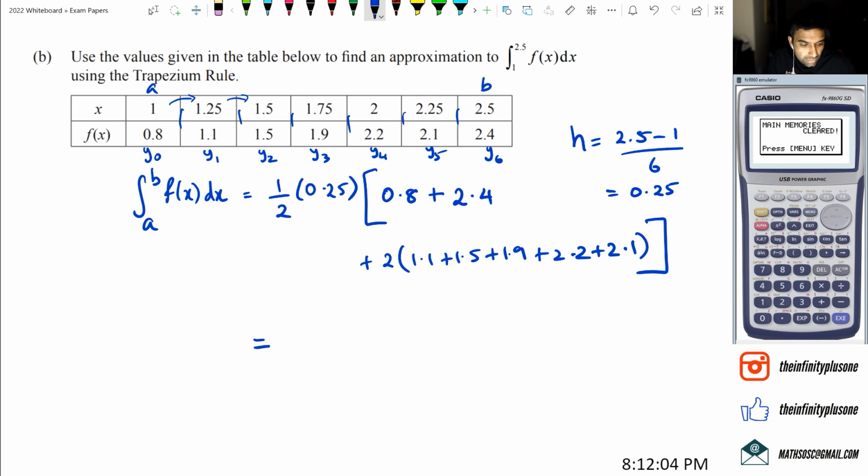So putting this all in the graphics calculator, what I've got is 0.5 times 0.25 times bracket 0.8 plus 2.4 plus 2 times 1.1 plus 1.5 plus 1.9 plus 2.2 plus 2.1. First bracket, second bracket, that should be done, and I get an answer of 2.6.